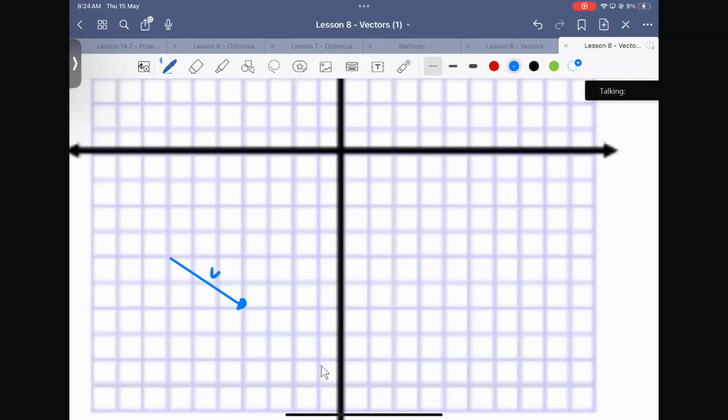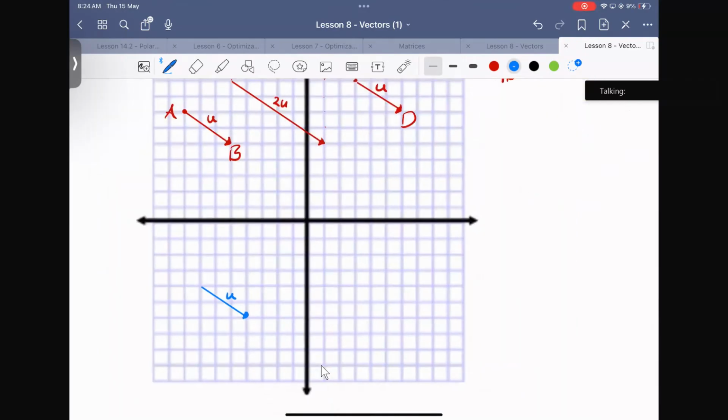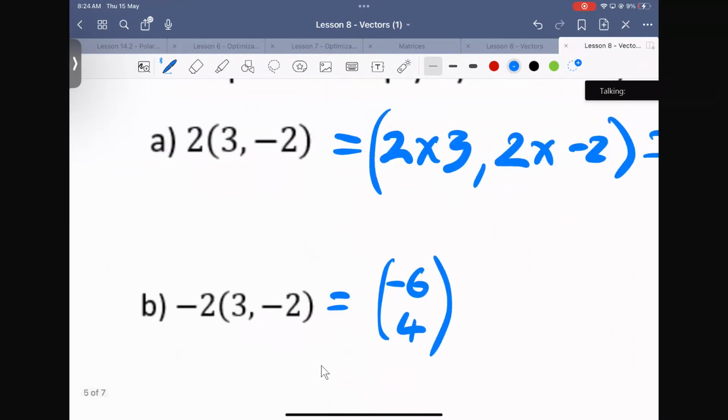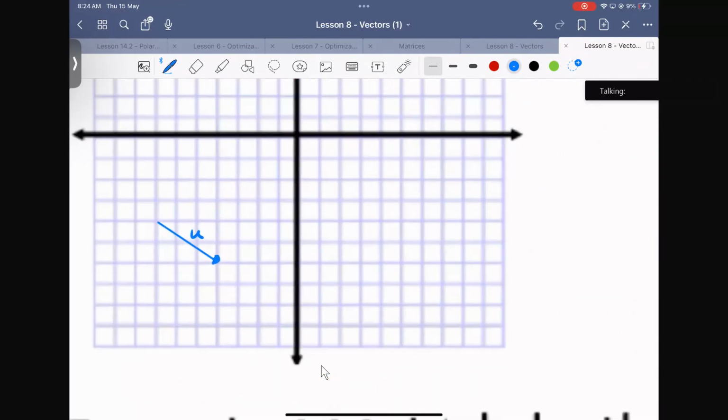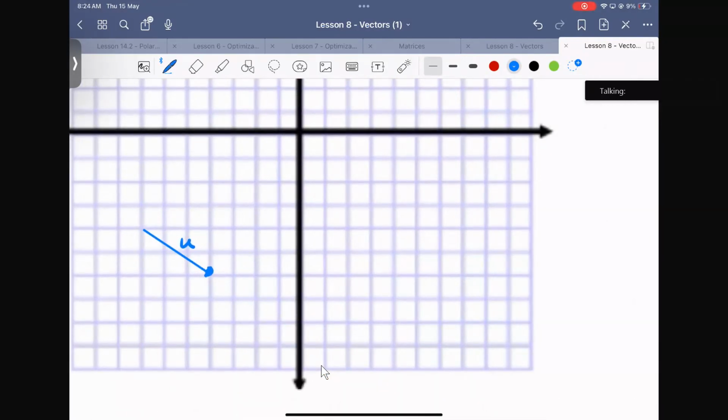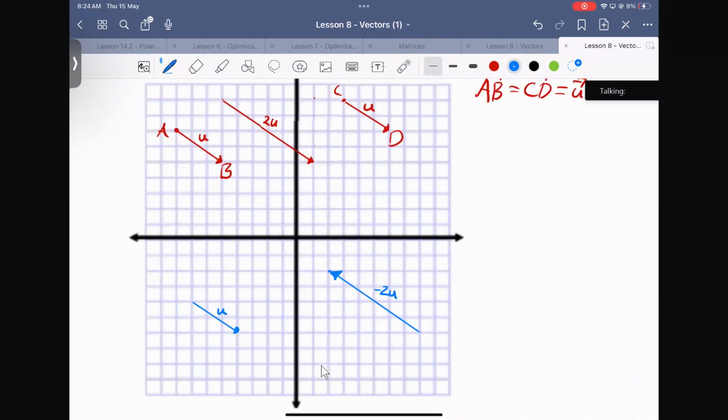This is still the vector u, but when we multiply by the scalar this time, we get minus 6, 4. Let's start ourselves off here. So now we get this vector. This is minus 2u.